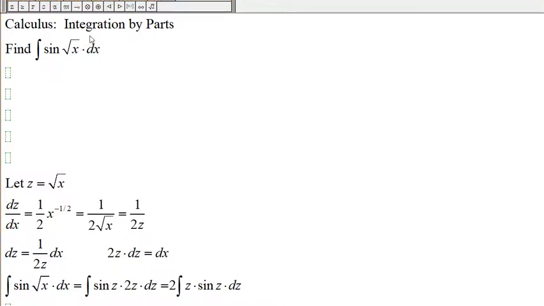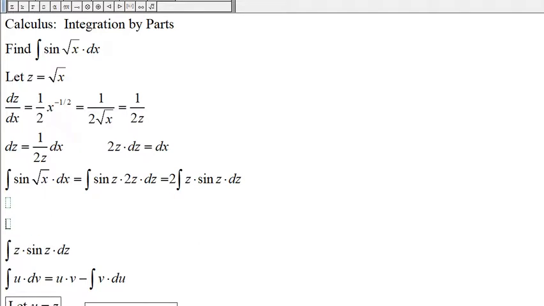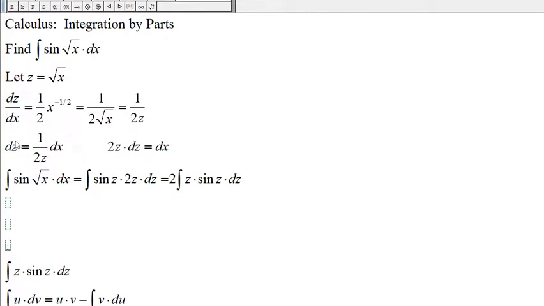Here we want to use integration by parts to find the integral of the square root of x. So first, let z be the square root of x, and this is the same as x to the 1/2.